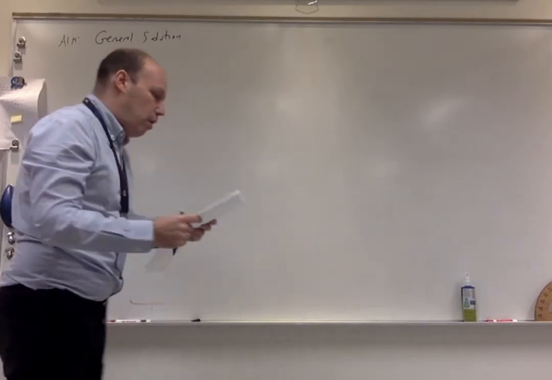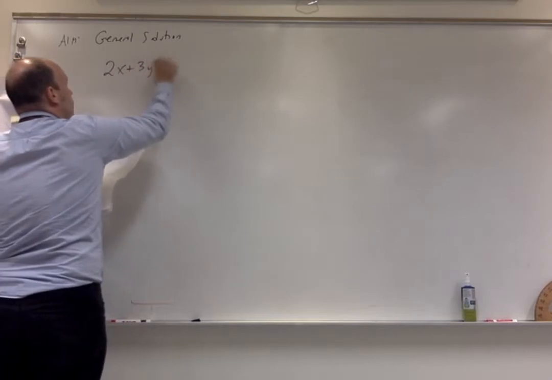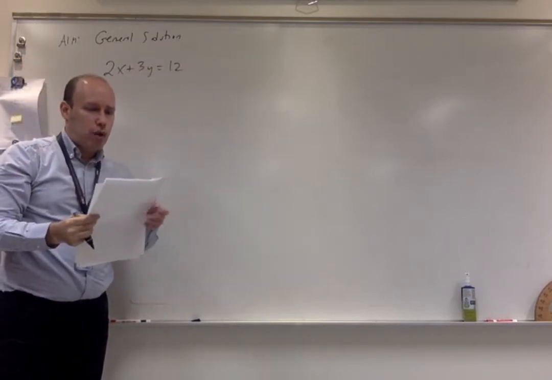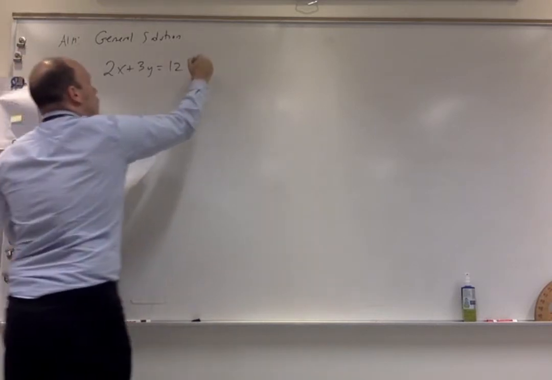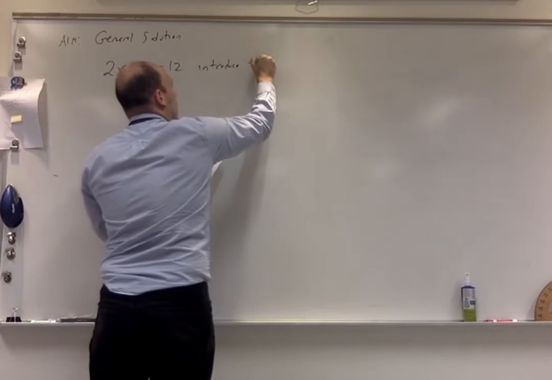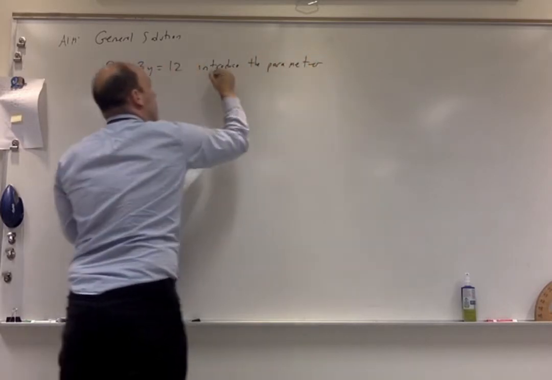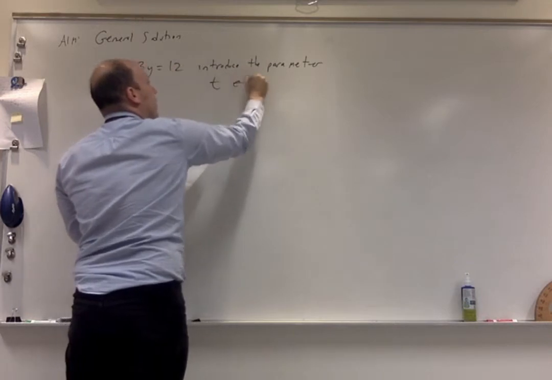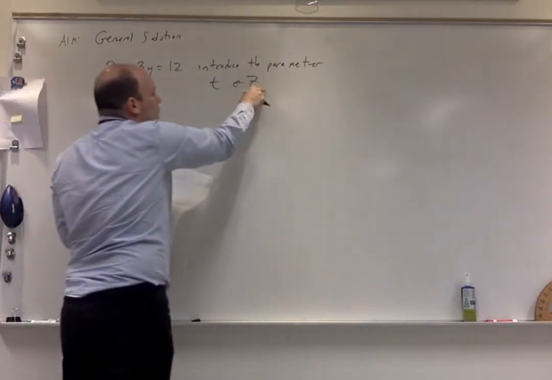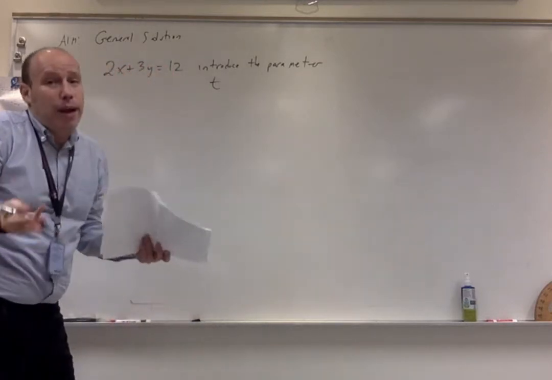But for now, for example, if I say 2x plus 3y equals 12, I want a general solution. So what we're going to do is introduce the parameter t, which could be any number.